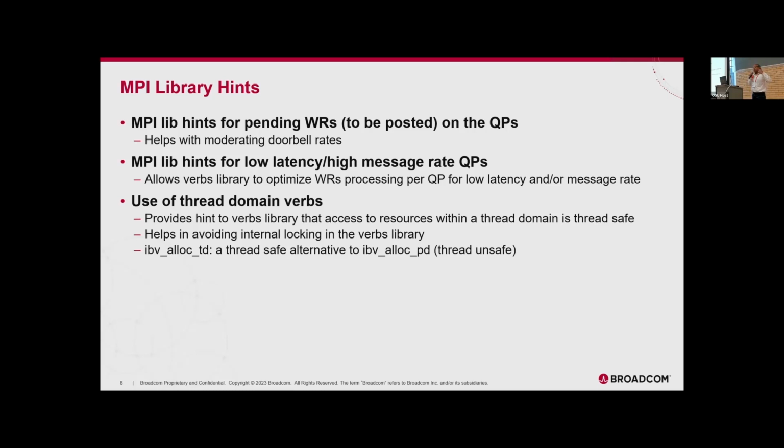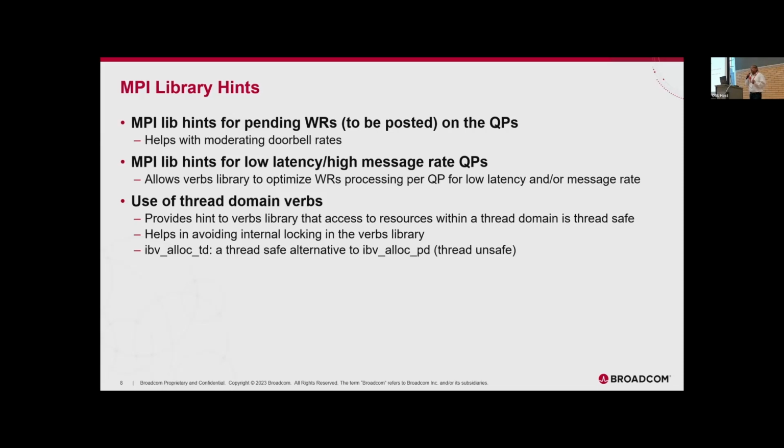If it knows it's going to queue up more, it's better to let the library below know: I'm queuing this up, more things are coming in the pipeline. What that enables is the library below can optimize. If I'm doing some kind of moderation of ringing the doorbell, letting the NIC know about the work, I know there is more work coming on this QP. Maybe I do some kind of coalescing myself. And then this way you amortize the cost.